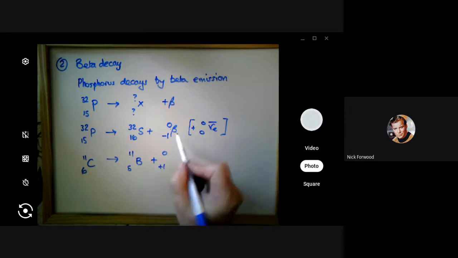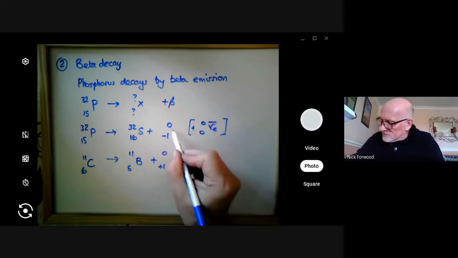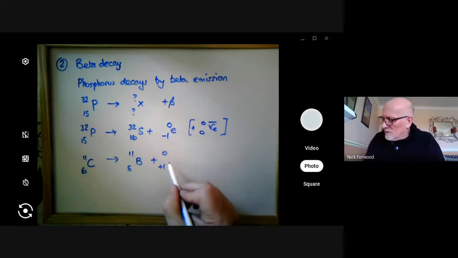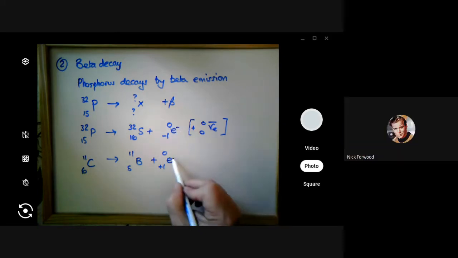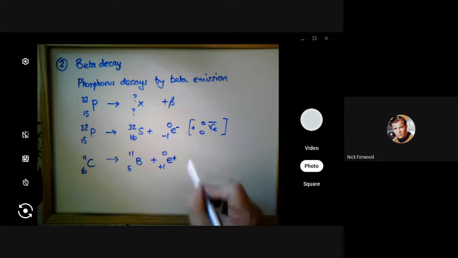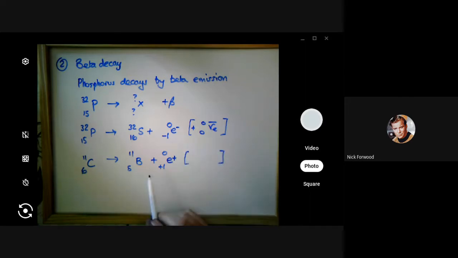I could write this beta particle here as an electron, because we know it's an electron. So I'm just going to rub that out and change that to an electron. And this is going to be a positron. So we've got a negative electron and a positron there. And the positron emission is accompanied not by an anti-neutrino, but just a plain ordinary neutrino.